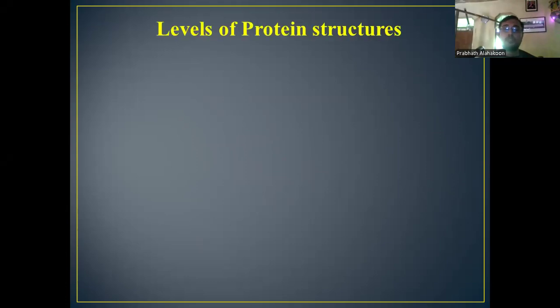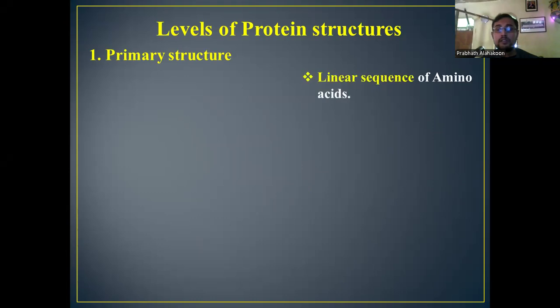Okay, now we discuss levels of protein structures, or different protein structures. There are four structures. First is primary structure. It has a linear sequence of amino acids.